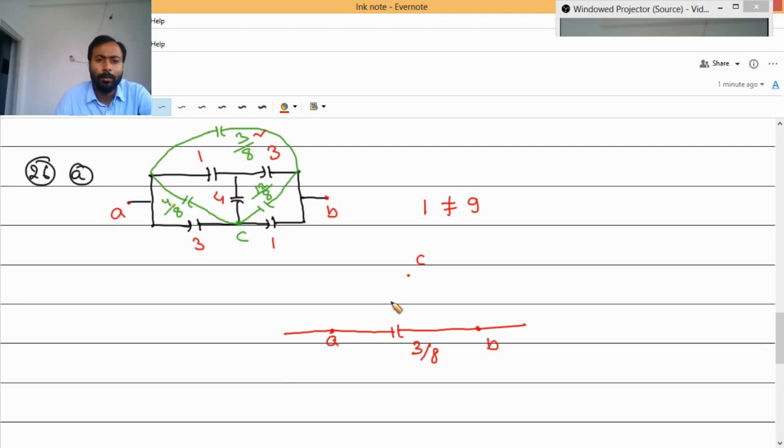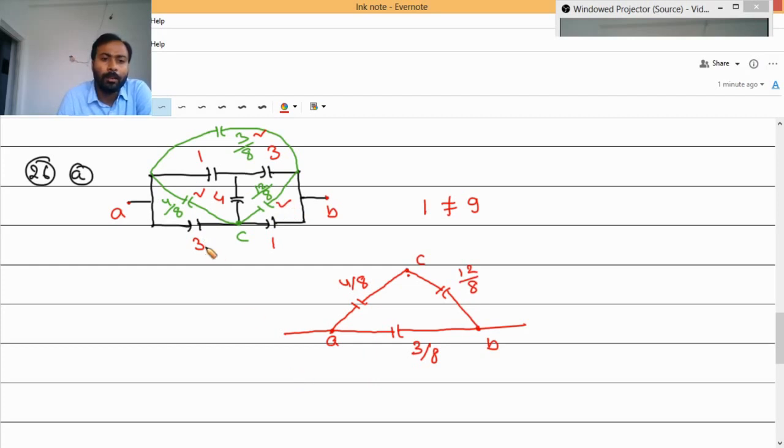Now we consider the element in between A and C, so we write a parameter between A and C. It is 4 upon 8, and we put a tick. Again, the next one is in between C and B, so we write a parameter between C and B, 12 upon 8. Now we have taken this parameter as well.